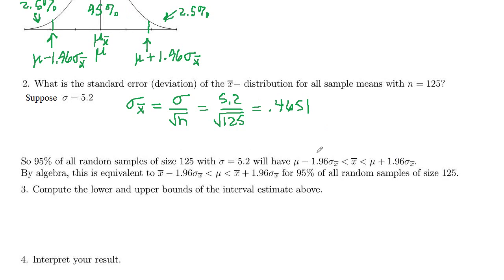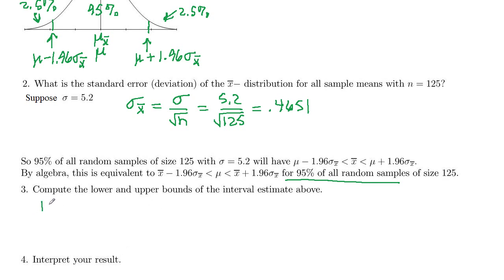But remember, we rearranged this and said that's equivalent by algebra to saying that the population mean is between x-bar minus 1.96 and x-bar plus 1.96 standard deviations for 95% of all random samples. Well, this value here is called the lower bound, and this value here is called the upper bound of our interval estimate. So let's go ahead and compute those lower and upper bounds.